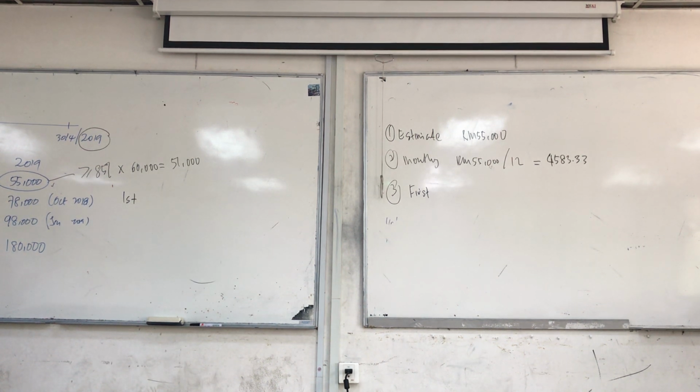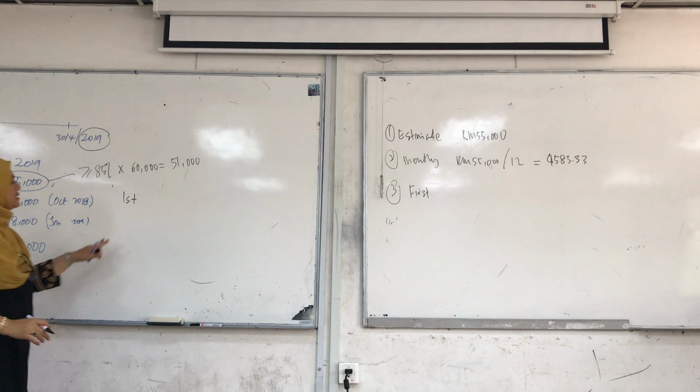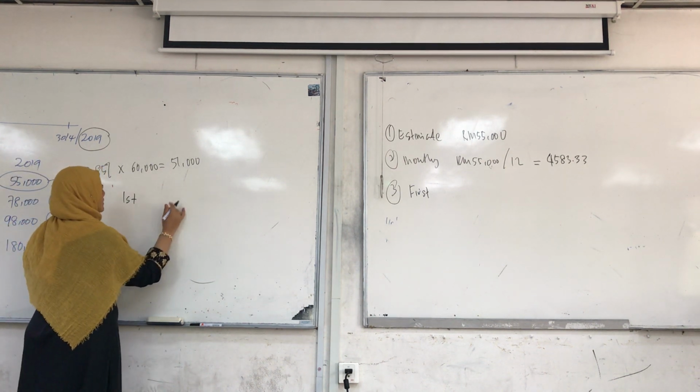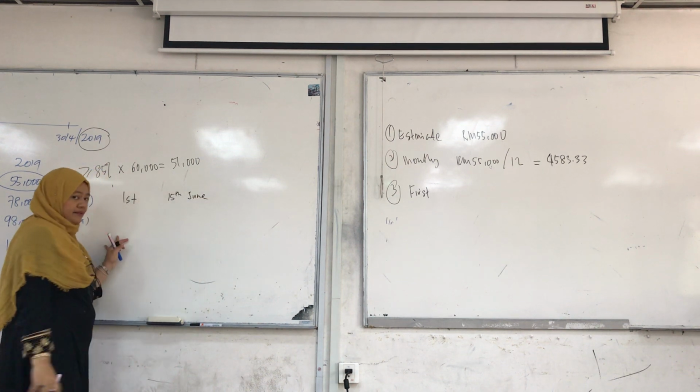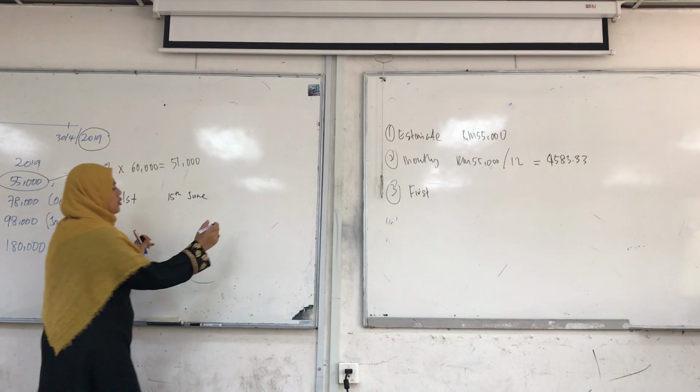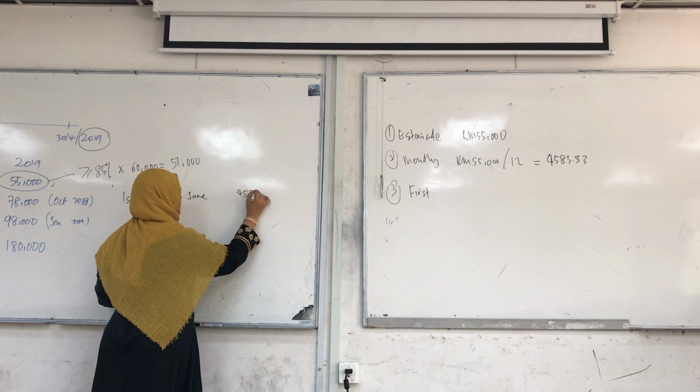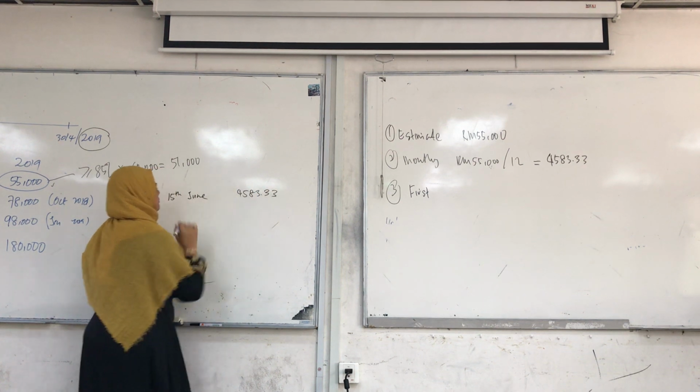Alright, so 1st of May, May is your first month, June is your second month. Yeah, your second month is by 15th of June. So means that your first is by 15th of June. Like that. How much you pay? 4583.33.